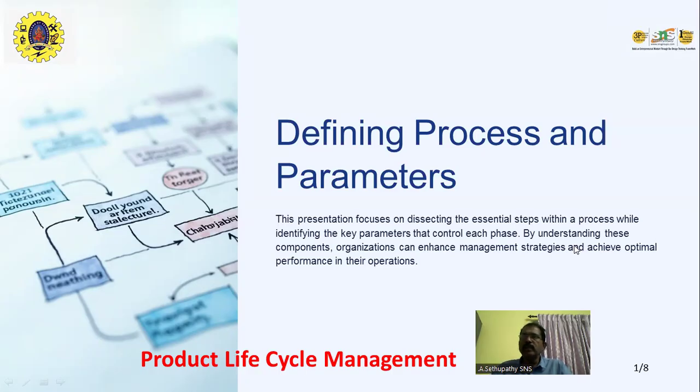And another one is, after designing the drawing, we decide what type of material we will use, which machines we will use to make the product, what tools we are using, and how much material we require.